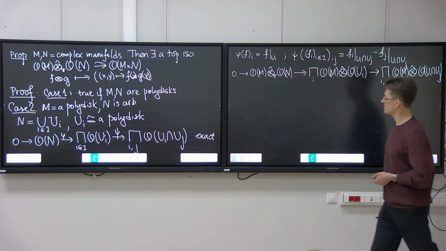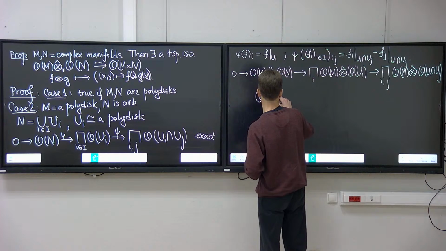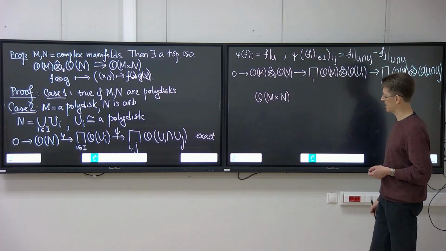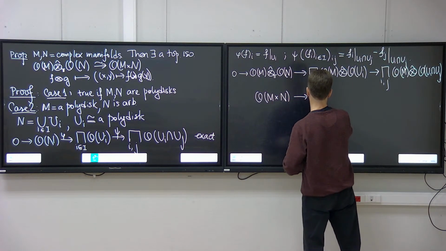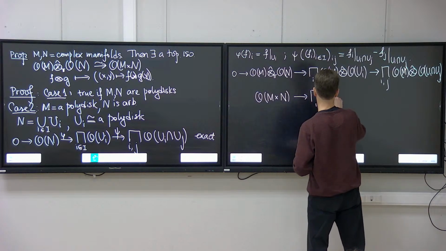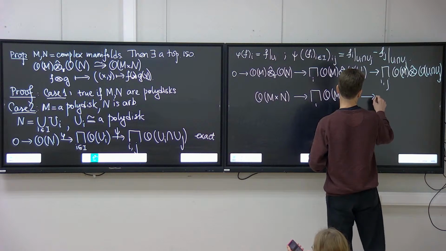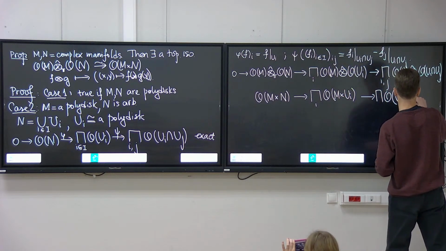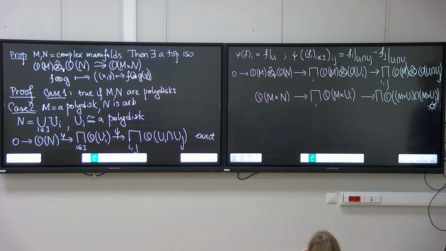On the other hand, if we consider the product of M and N, this manifold is covered by the products of M and U_i, and we get a similar sequence for this specific cover of M cross N by the sets M cross U_i. And here we have O of M cross U_i intersected with M cross U_j.